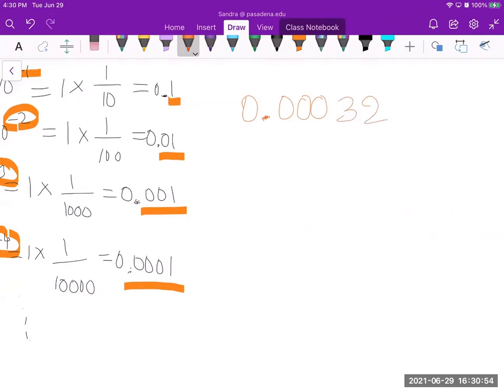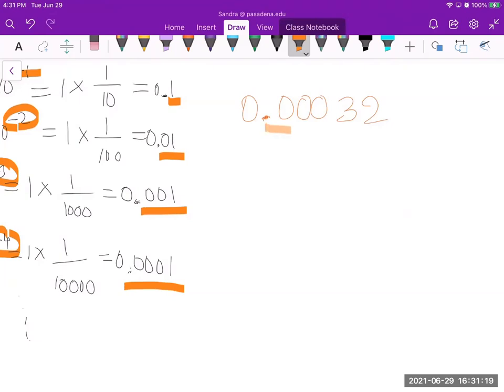I want to write this number in scientific notation. So now go ahead and observe what I'm going to do. I need to move my decimal point. And so I'm going to move it to where I can make the number between 1 and 10.